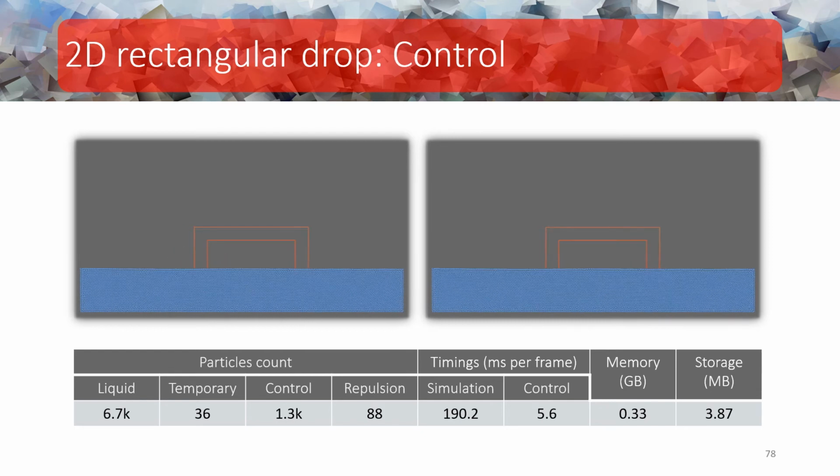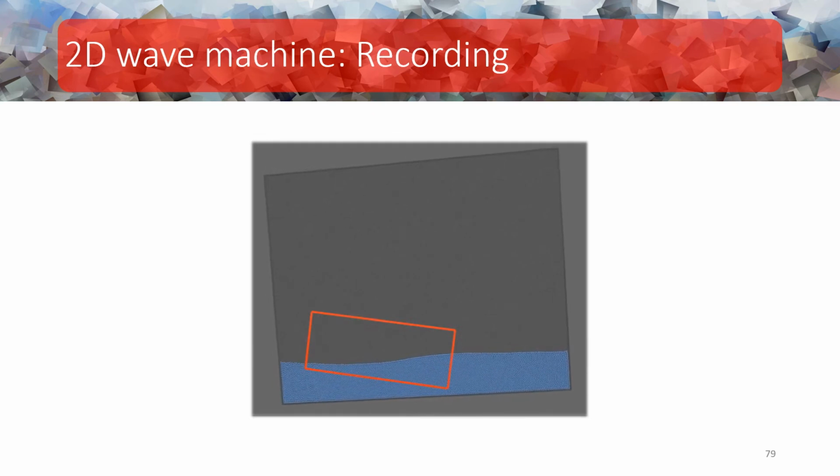Note that our system adds only a small computational overhead over the actual uncontrolled simulation. In this example, an average of 5.6 milliseconds are dedicated to the control out of the 190.2 milliseconds needed to simulate each animation frame. We also recorded a wave template from a wave machine-based simulation.